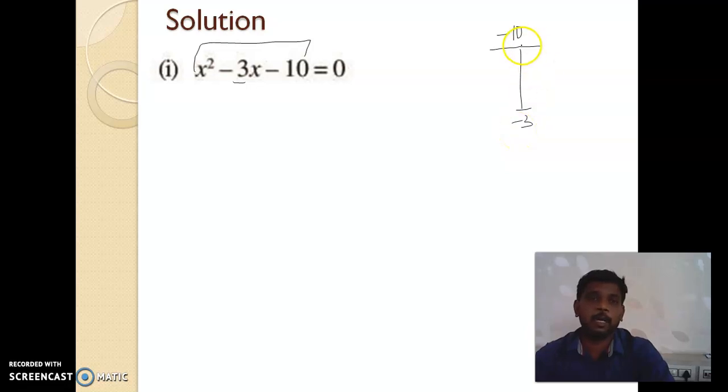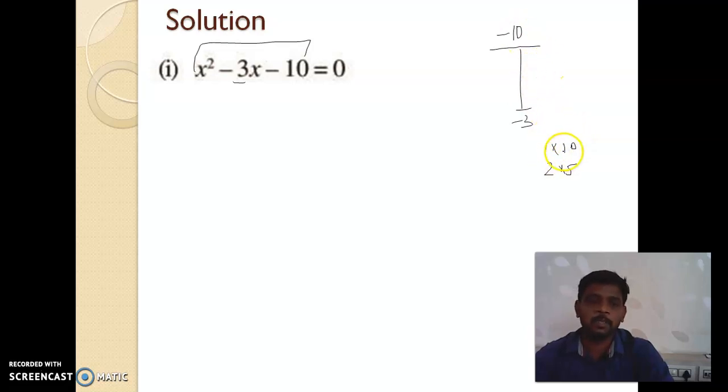Now write the factors of 10. Just list out the factors of 10. What are the factors of 10 here? 1 into 10 equals 10, then 2 fives are 10. Are there other possibilities? No, only these two are the possible factors of 10.